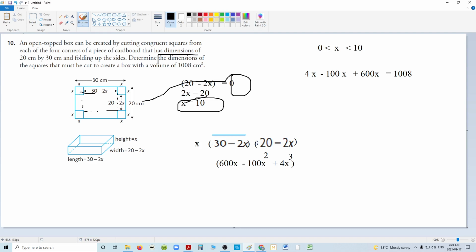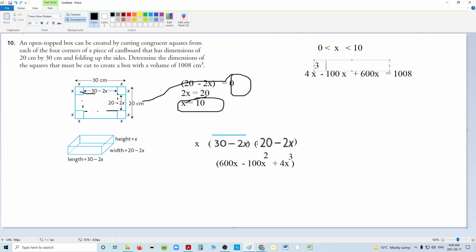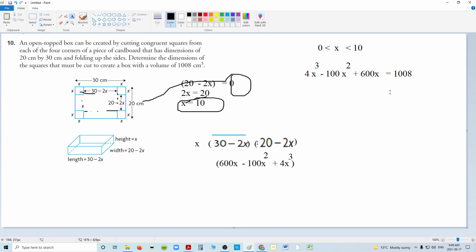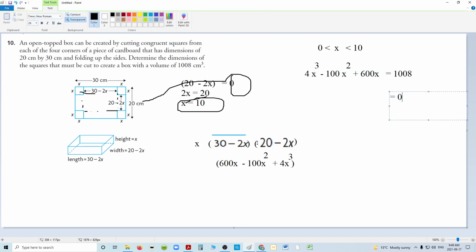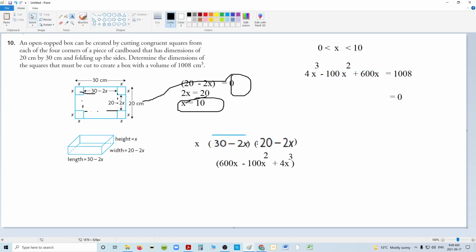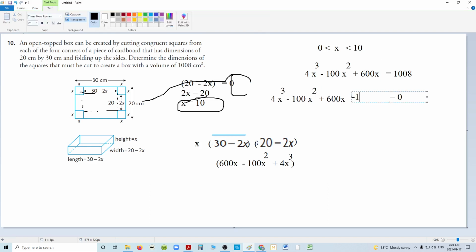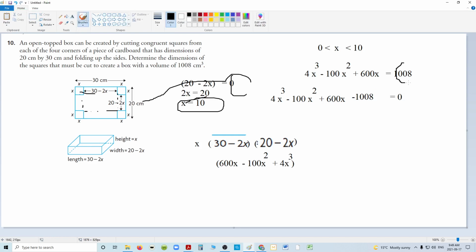If I make the whole thing equal to 0 to solve it, I'm left with minus 1008. And all I'm doing is putting this on the left side of the formula because you have to equal 0 to solve it. Okay? So there's our starting point.